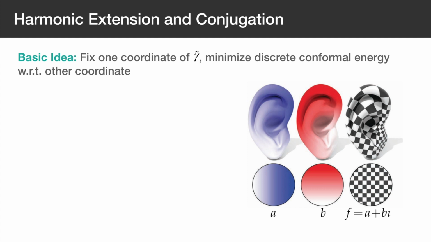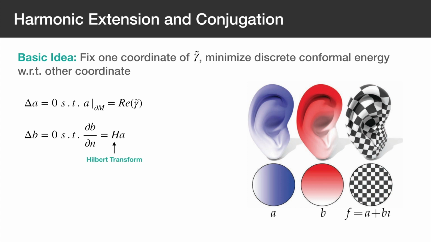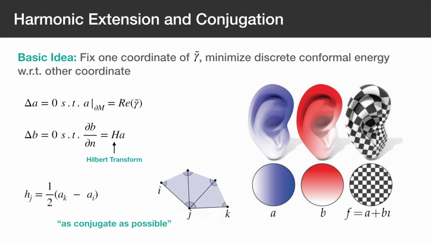Finally, to extend our boundary curve to the interior, we fix one of its coordinates and minimize a discrete conformal energy with respect to the other. In practice, this leads to performing a harmonic extension on A and solving a Neumann problem for B. Here, another Poincaré-Steklov operator called the Hilbert transform is used to map the tangential derivative of A to the normal derivative of its conjugate pair, B. We derive a simple expression for this Neumann boundary data, which is as conjugate as possible in the least squares sense.